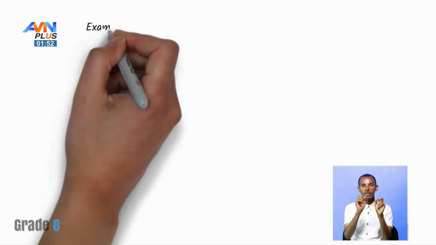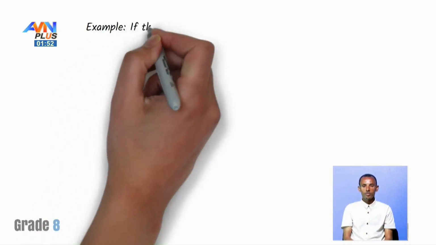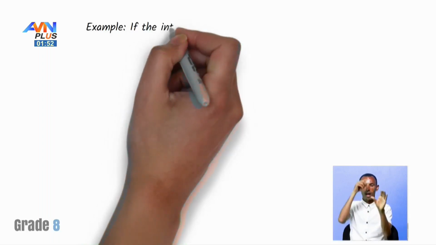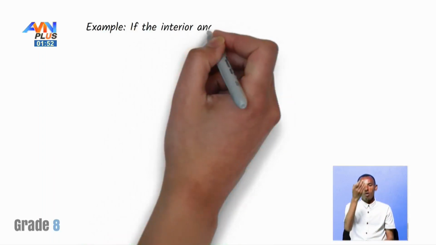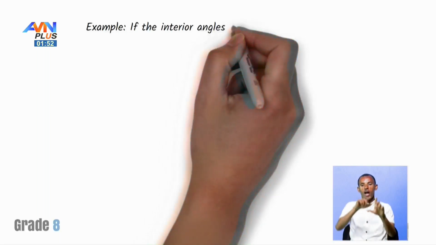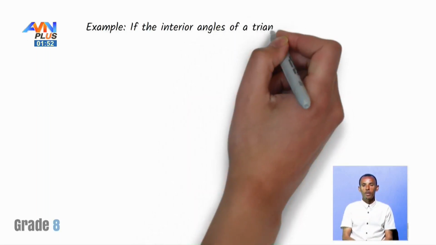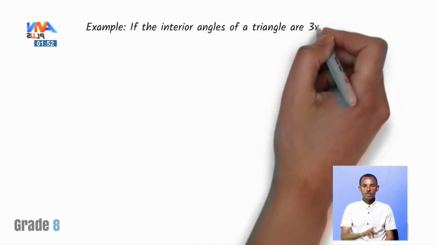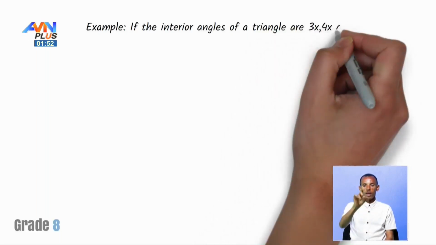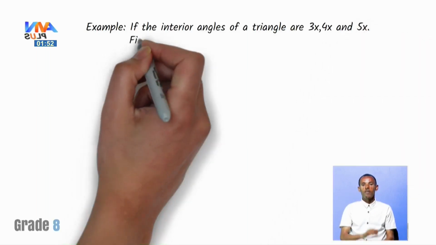In this example, if the interior angles of a triangle are 3x, 4x, and 5x, find the largest angle.